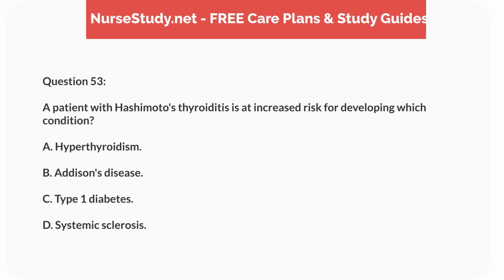Question 53. A patient with Hashimoto's thyroiditis is at increased risk for developing which condition? A. Hyperthyroidism. B. Addison's disease. C. Type 1 diabetes. D. Systemic sclerosis.